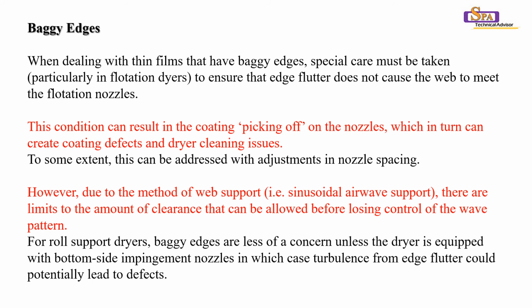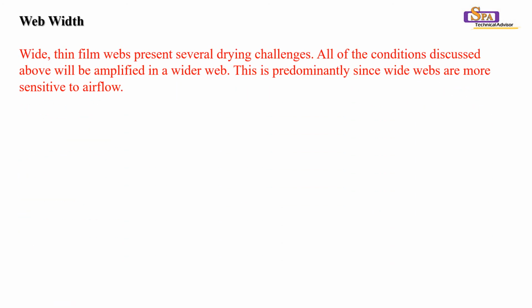For roll support dryers, baggy edges are less common unless the dryer is equipped with bottom side impingement nozzles, in which case turbulence from edge flutter could potentially lead to defects. Web width.